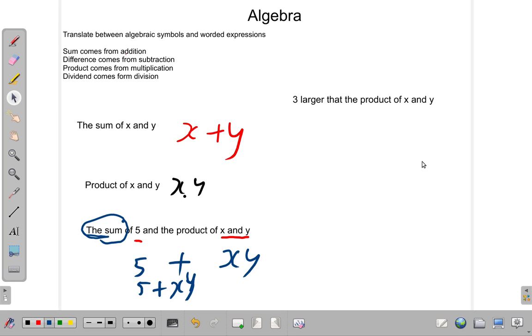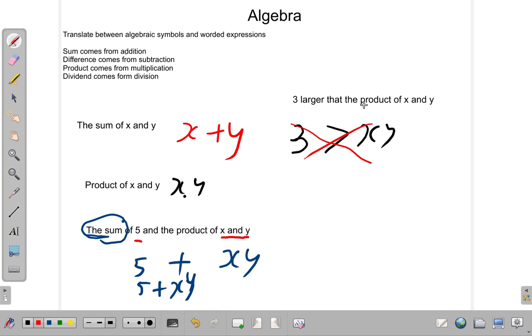First of all, let's see what this would amount to. 3 larger than the product of x and y. Suppose I do this. That would be wrong. What this is saying is 3 is larger than the product of x and y. This is the is greater than sign. That's not what I asked for.